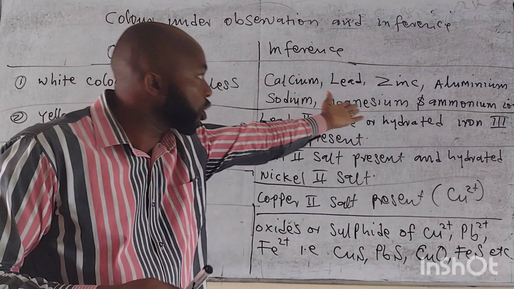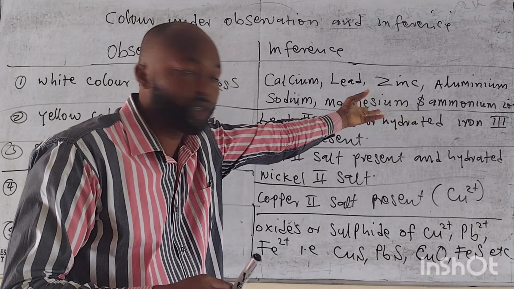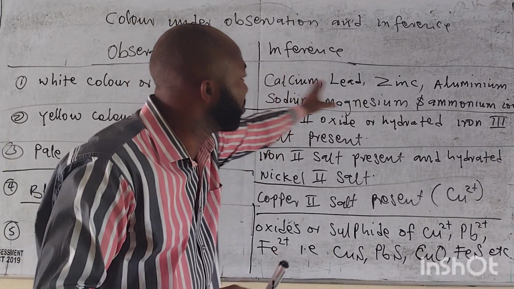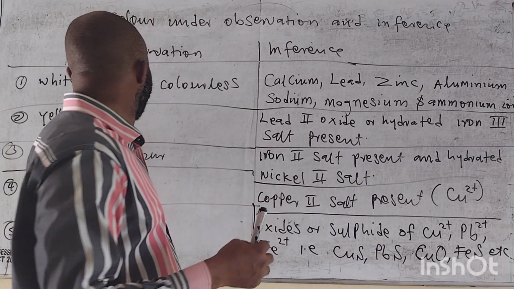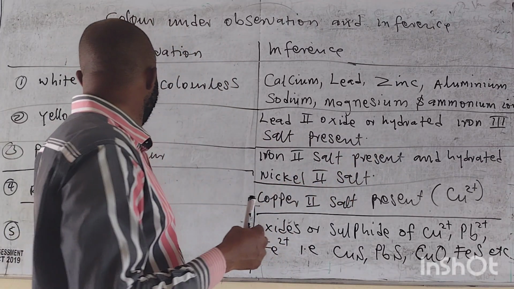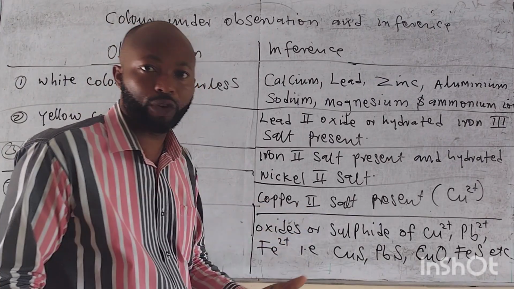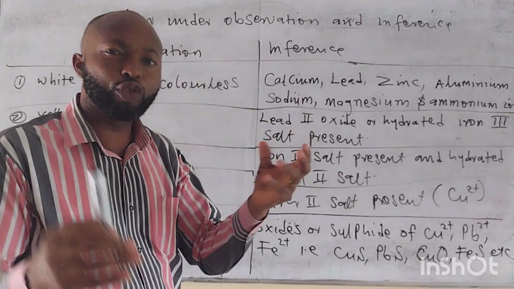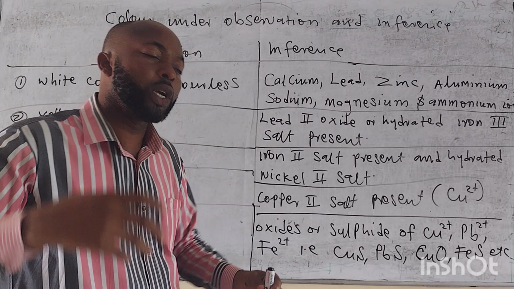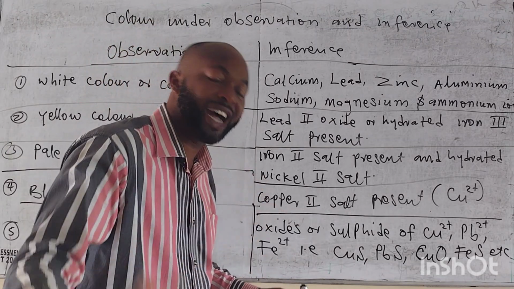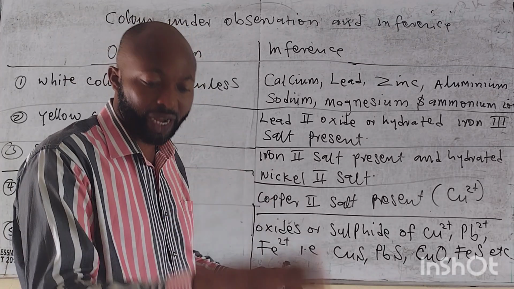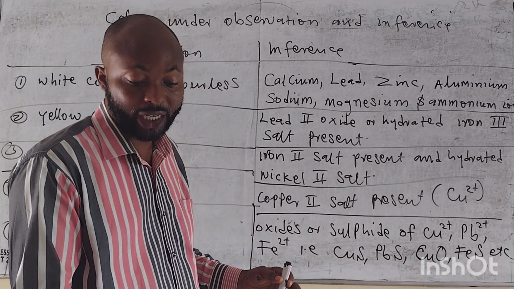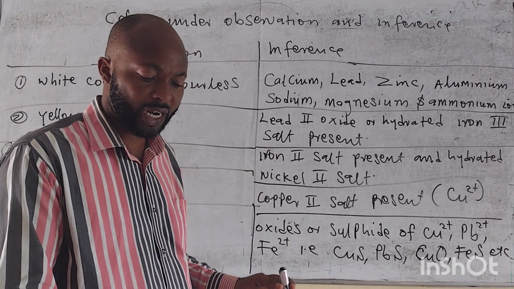If it is white, your mind goes to these ions present. If it is yellow color, it could be this. If it is pale green color, it could be this. If it is blue color, it could be this, and so on and so forth. By that, we're able to narrow down what the exact cation or anion present in the salt is. By so doing, we wouldn't have much challenge in getting our correct answer.